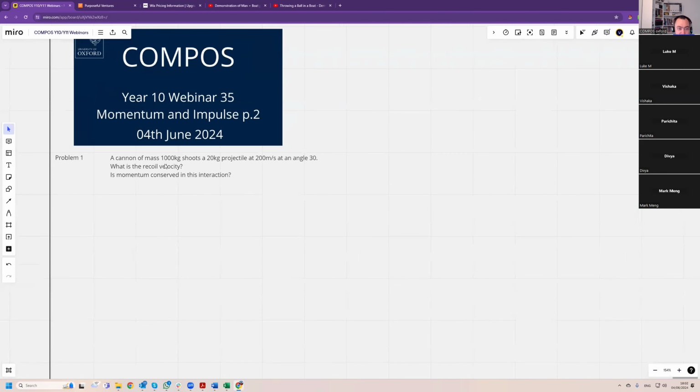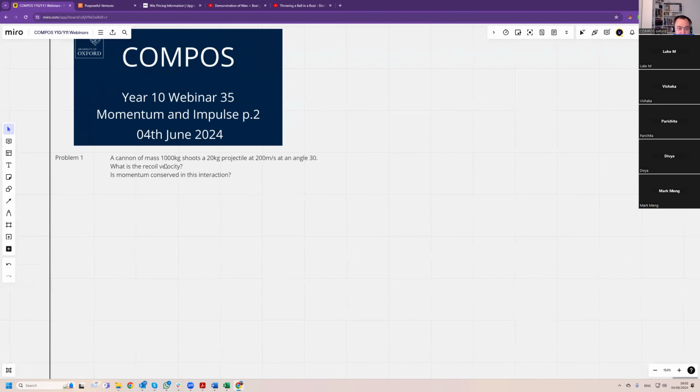Welcome everyone. Let's start. So a cannon of mass 1,000 kilograms shoots a 20 kilogram projectile at 200 meters per second at an angle of 30 degrees. What is the recoil velocity?